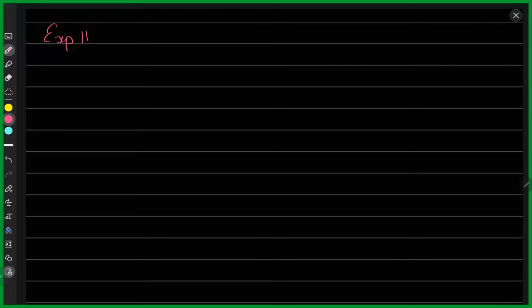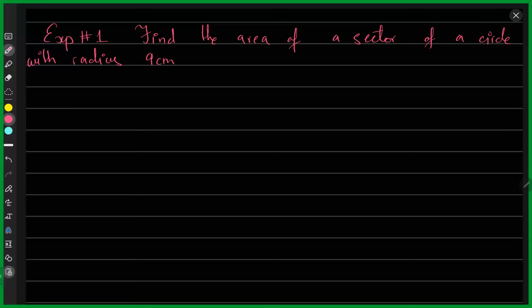This is example number 1, and it says, find the area of a sector of a circle with radius 9 centimeters and angle pi by 6 radians.